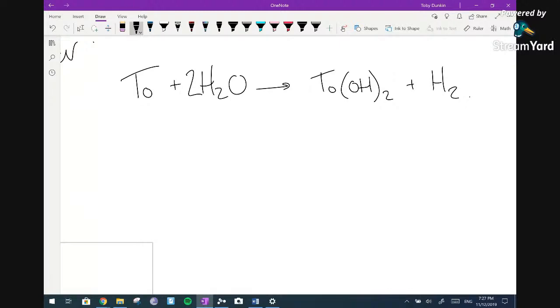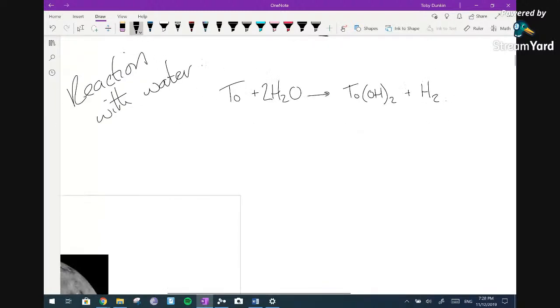So it's nice for me to just reinforce for you guys reactions of metals and water. If you add a metal to water, metal plus water, you're going to form the metal hydroxide and hydrogen. This is actually really level 7-8. Most students can't remember that one.